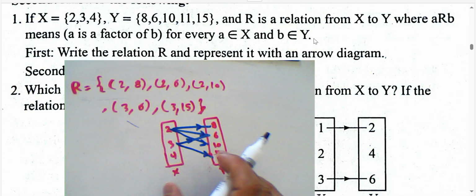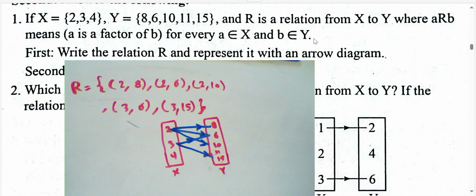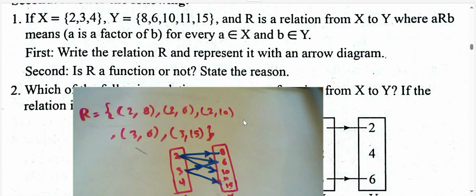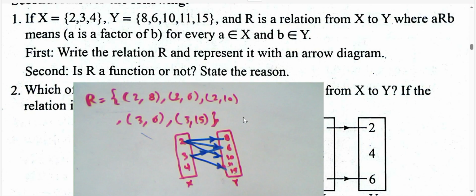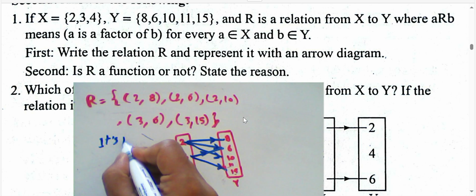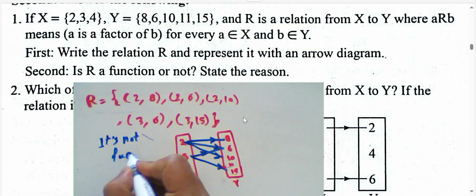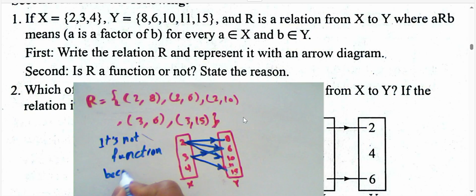Then the relation between them, we can write this relation is not a function, because the image, like 2 has 1, 2, 3 images. We must find one image of each point. Okay, we can write here, it's not a function. Why?